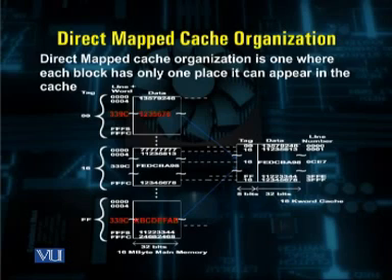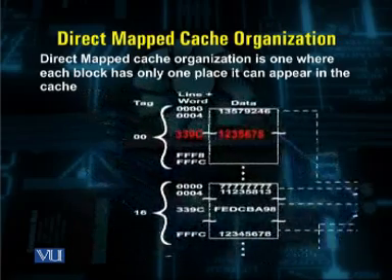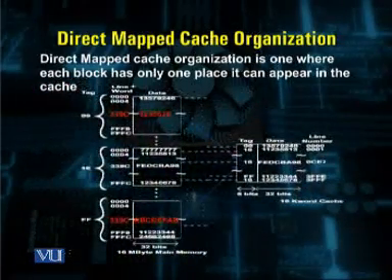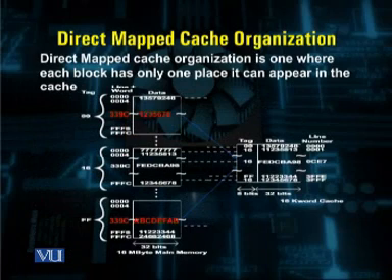Now, in order to understand the placement policy, the main memory is logically divided into 16 sections, each of 256 K blocks, that is, each section is equal in size to the size of the cache, and each section is represented by a tag number which ranges from 00 up to FF hex. Here, each block of the main memory maps to only one cache line.